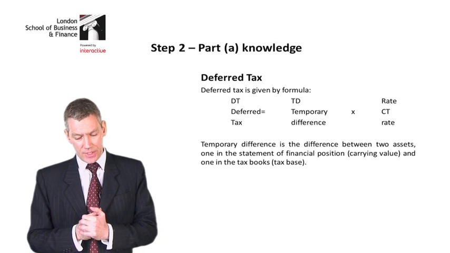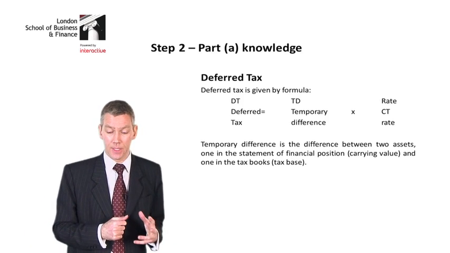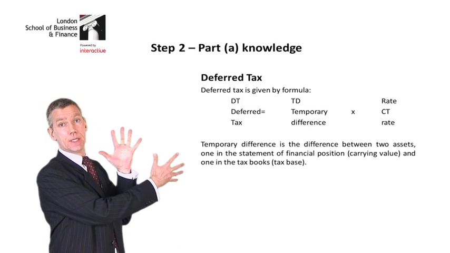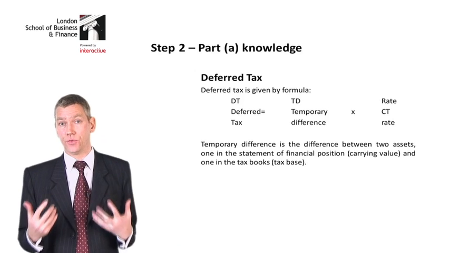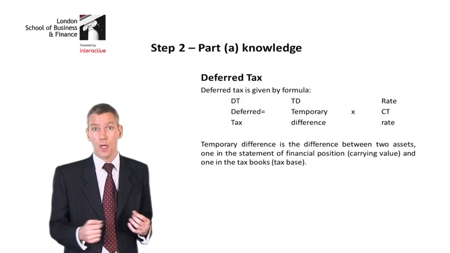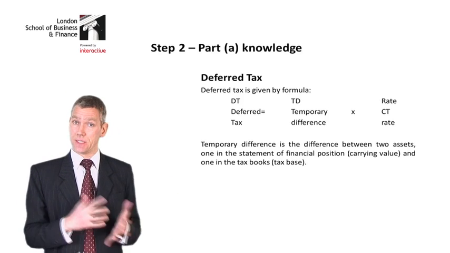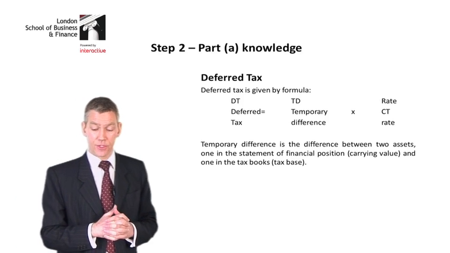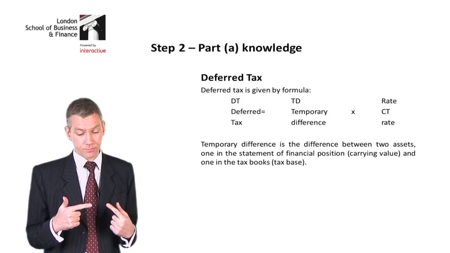Deferred tax is given by a formula. Deferred tax is equal to the temporary difference multiplied by the CT rate. And that's the mathematical definition of deferred tax. Temporary difference has its own equation and is defined as follows. Temporary difference is the difference between two assets.